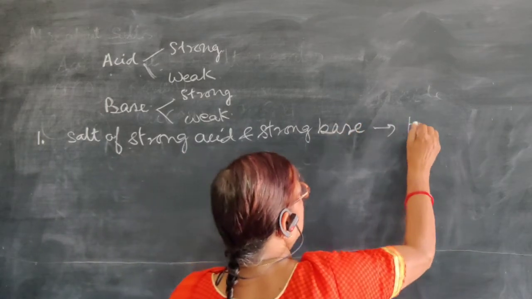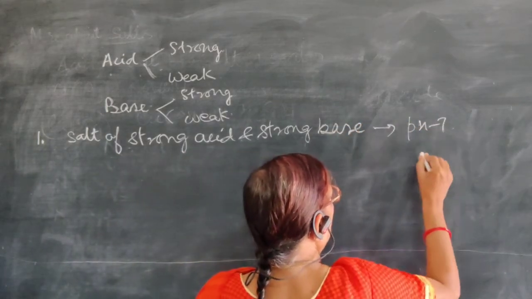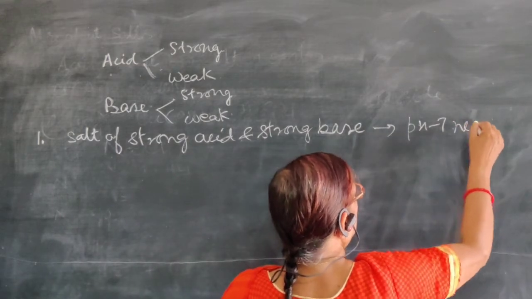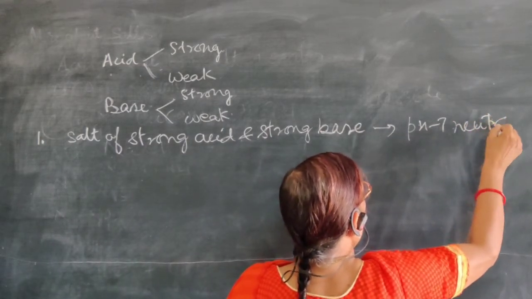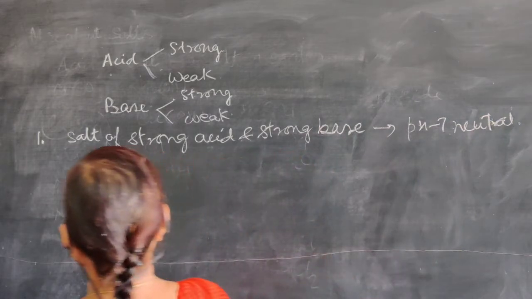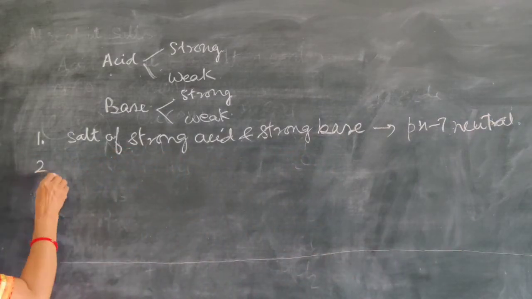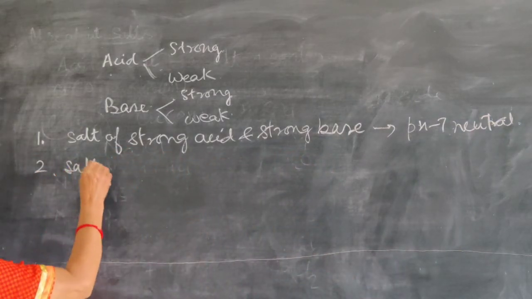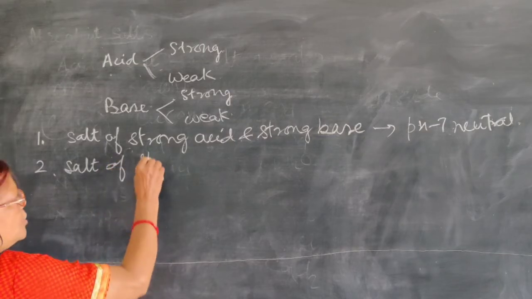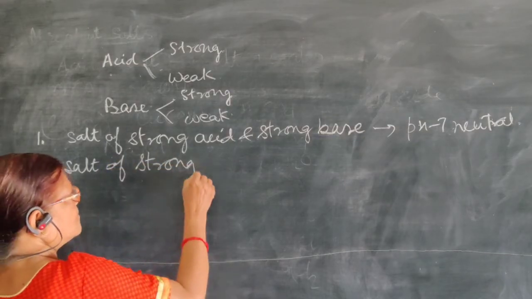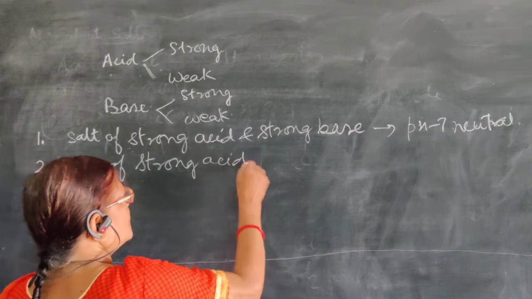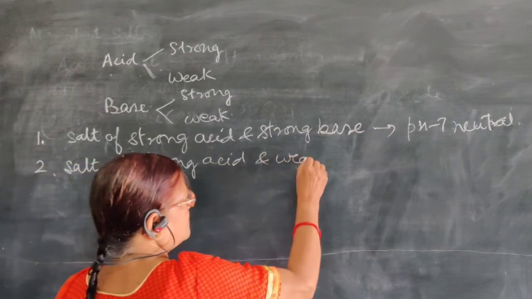Its pH will be 7 and this is neutral in nature. Now the second is the salt of strong acid and weak base.